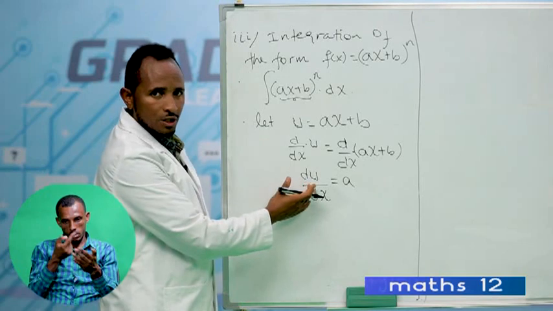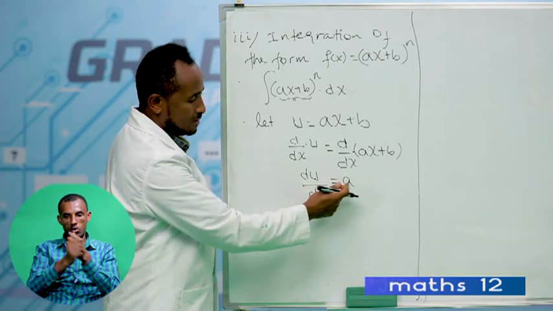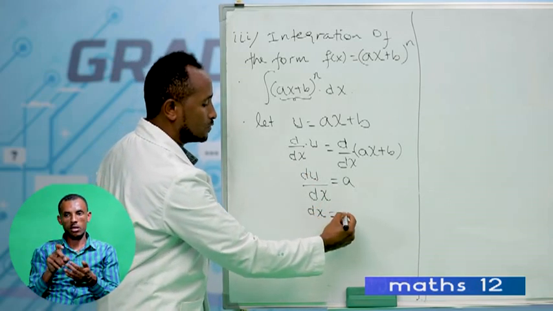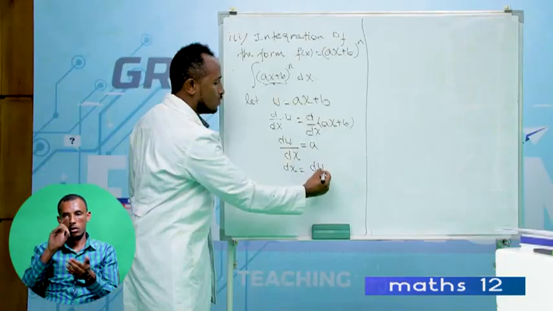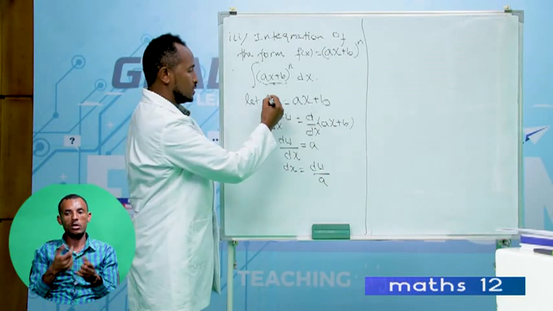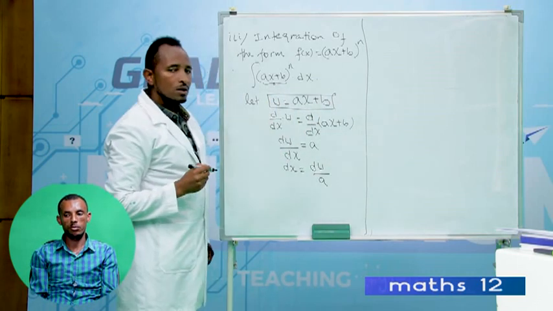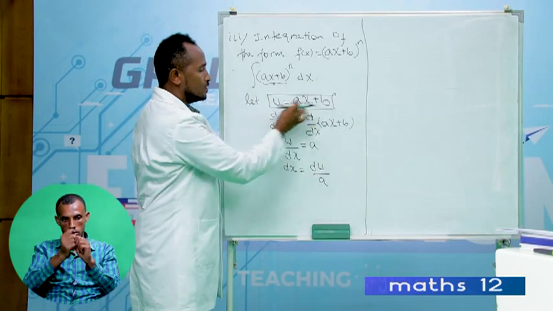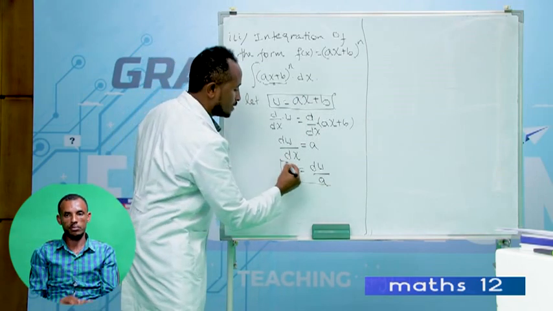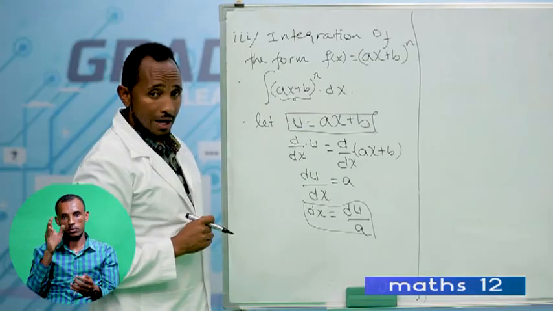From this expression, I can solve for dx. Simply interchange these two. Therefore, dx is equal to du over a. So in this procedure, we have changed ax plus b to u and dx to du over a.